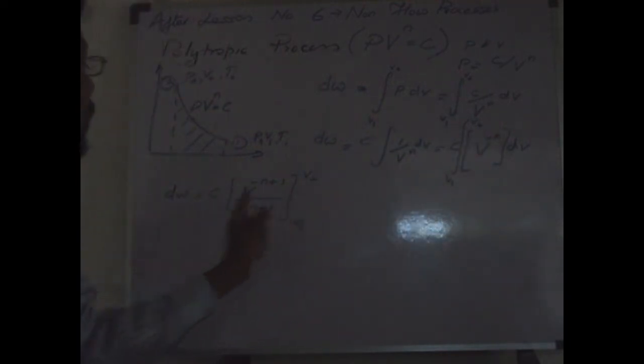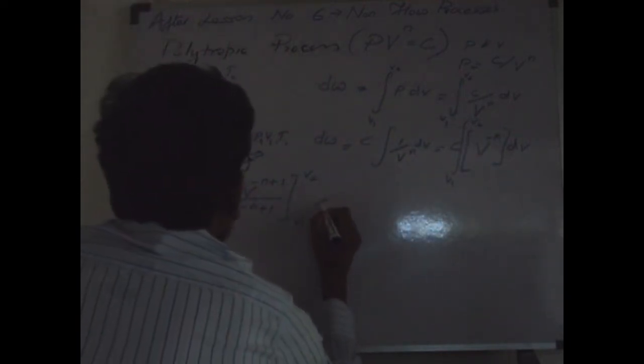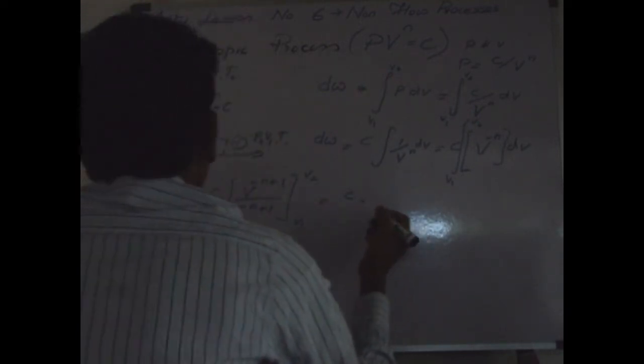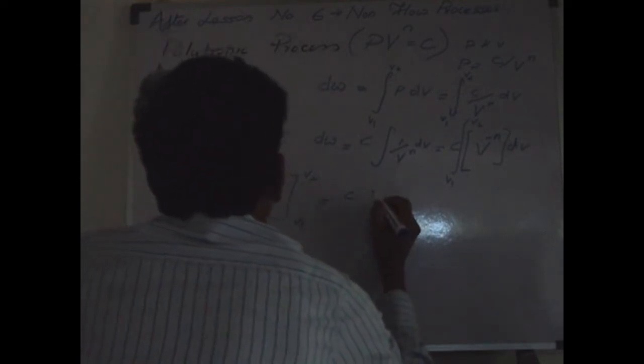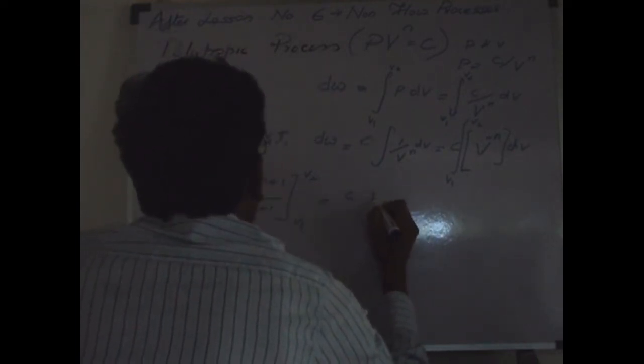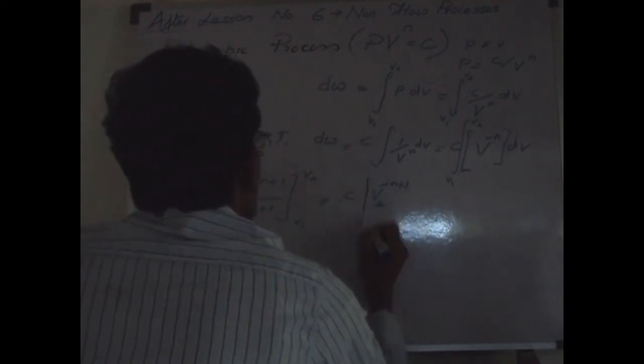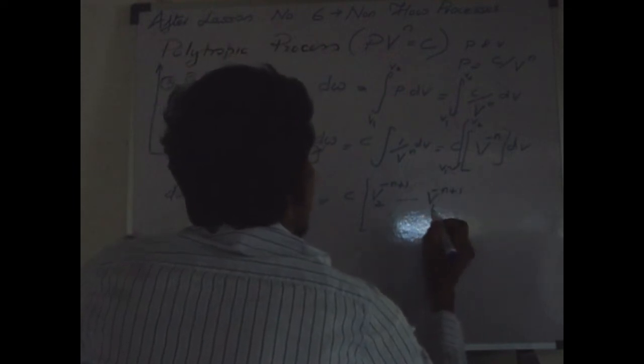Then you get C times V2 to the power minus n plus 1, minus C times V1 to the power minus n plus 1, over minus n plus 1.